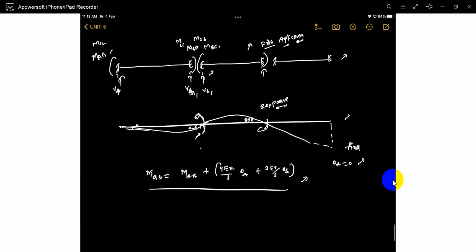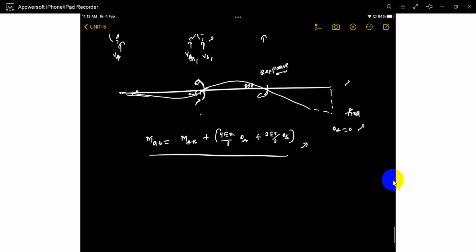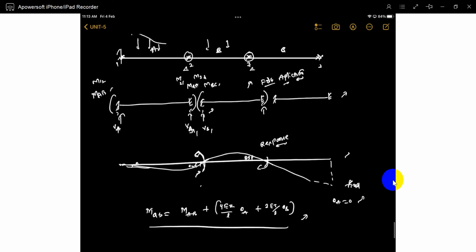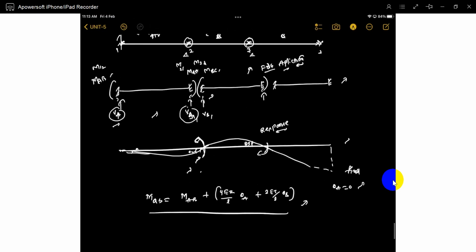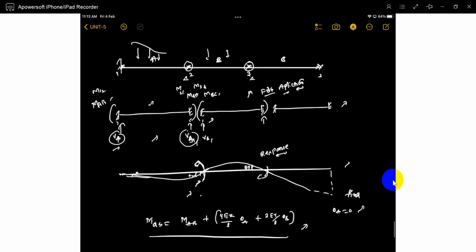Okay, so now if you see, just keep those values aside. I will show you this. So take one element, take this first element, say A, just take it.